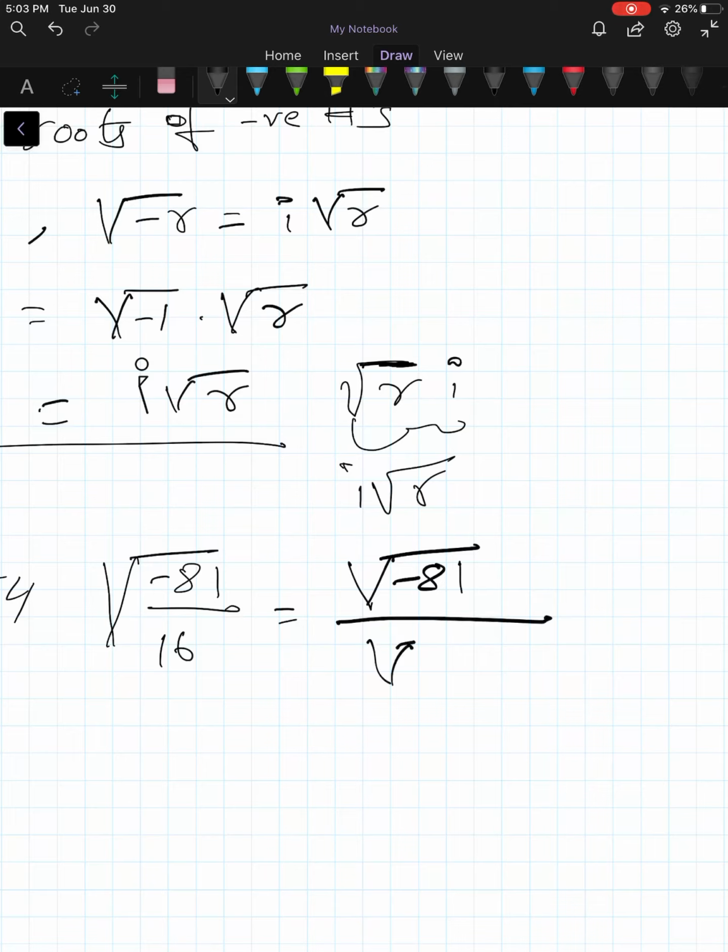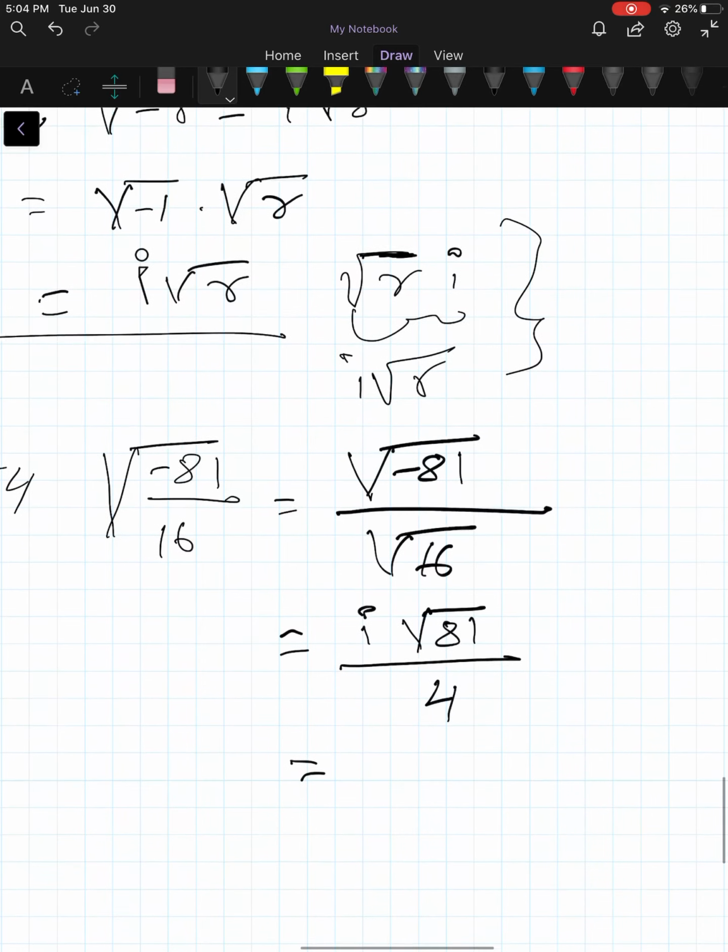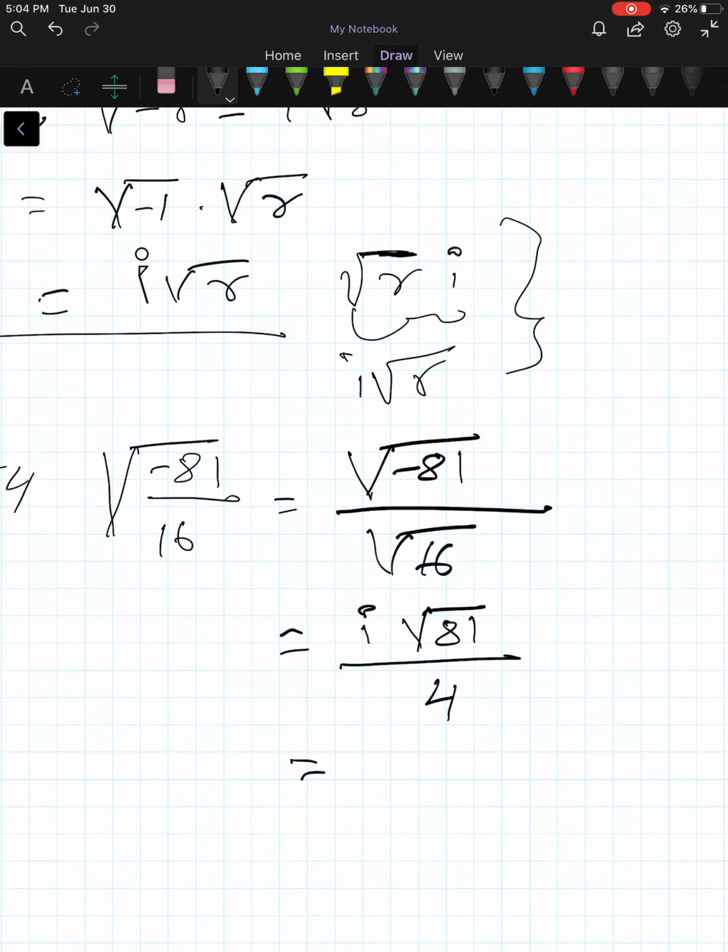So this would be square root of negative 81 divided by square root of 16, correct? So square root of negative 81 you can write by the definition that we did here as i times square root of 81, divided by square root of 16, which is 4. So this will be equal to i times 9 divided by 4.